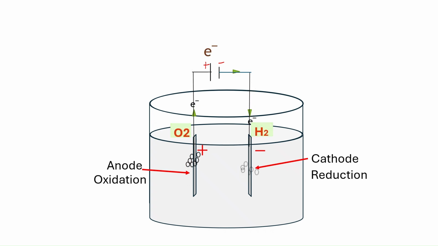Here is a simple explanation. You can see here, this positive terminal is connected to this plate that is called the anode, and it becomes positively charged. And this negative terminal is connected to the cathode. That's why this is the negatively charged plate.